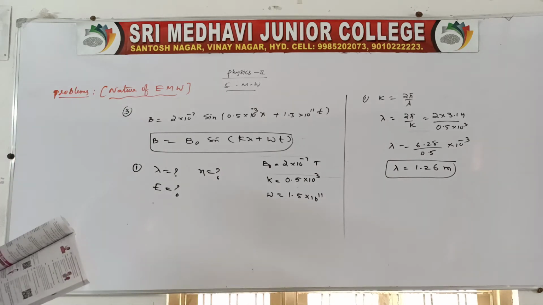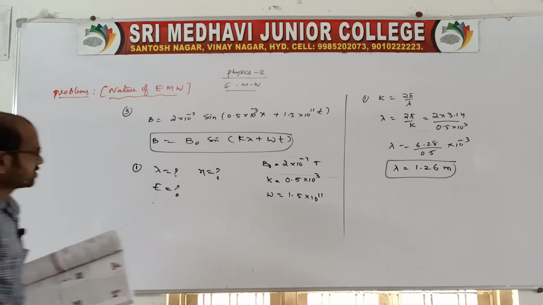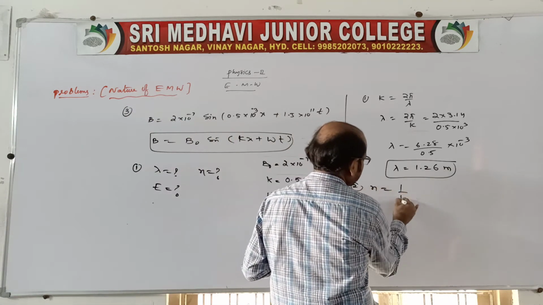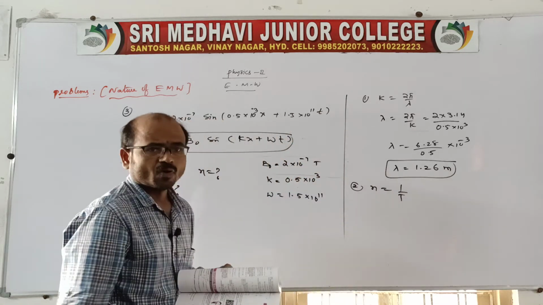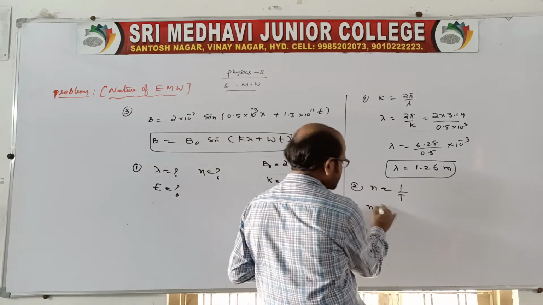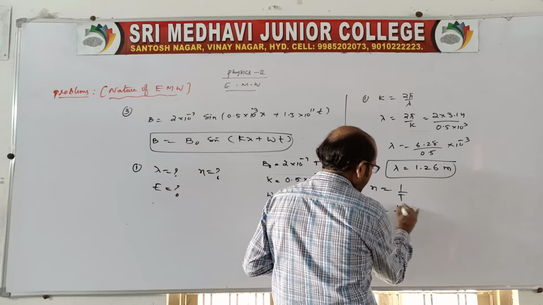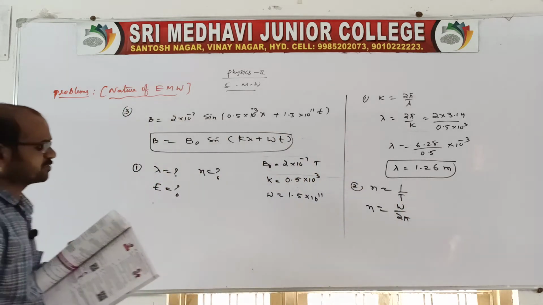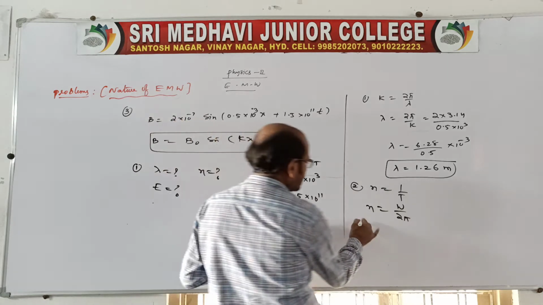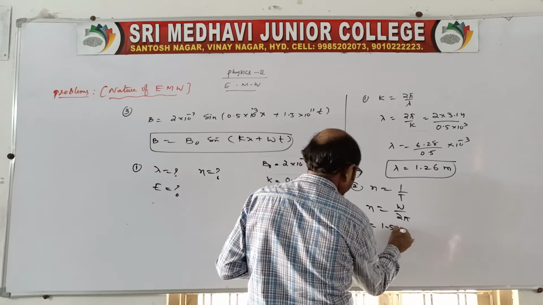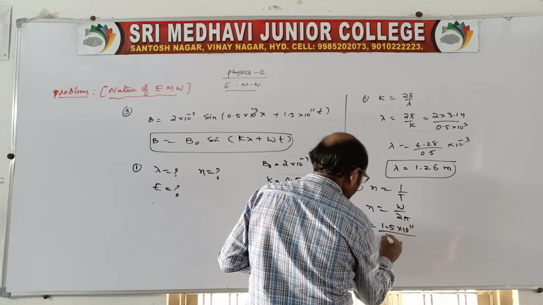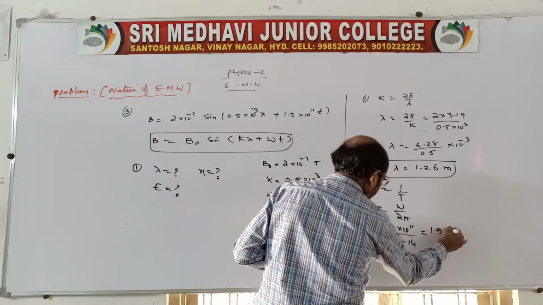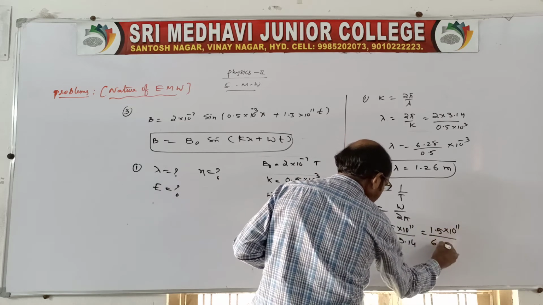The second part is asking for the frequency. Frequency n is equal to 1 by time period, or we can also say frequency is equal to omega by 2 pi. Here we know the omega value, 1.5 into 10 power 11, so it is 1.5 into 10 power 11 by 2 into 3.14, which is 1.5 into 10 power 11 by 6.28.